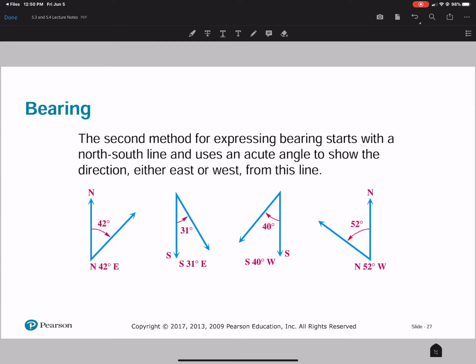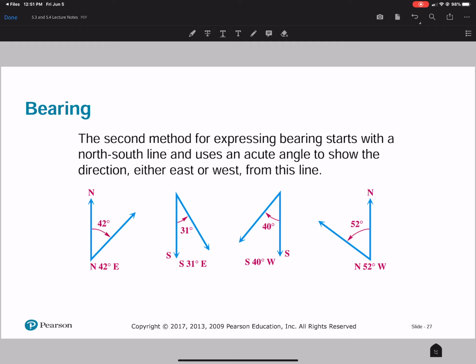It starts with a north-south line, using the acute angle shown in the direction, either east or west from the line. So if I'm going northeast, I'm going to be going clockwise. If I'm going south, you have to look at the direction as well, whether it's going up or down.